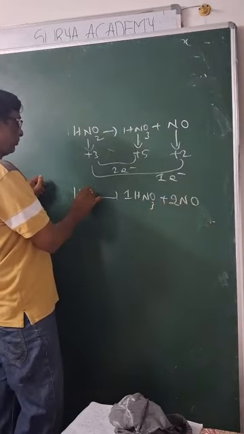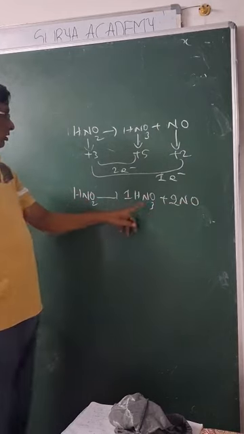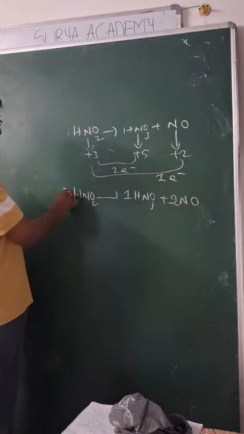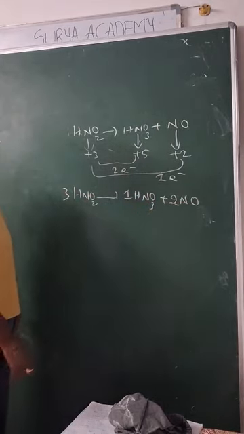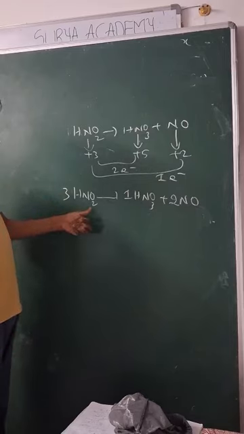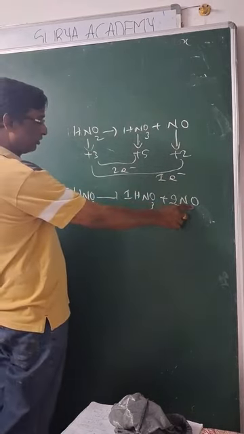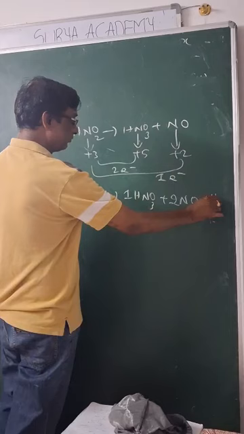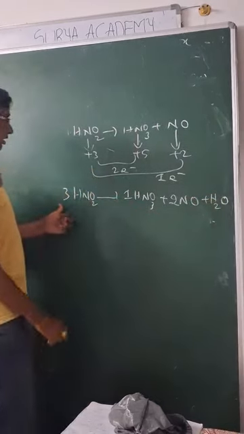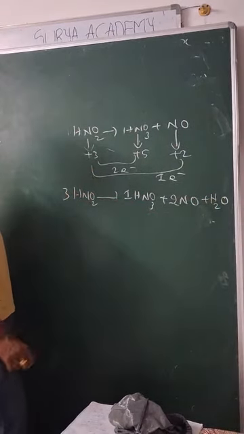Tell me how many nitrogens? 3 nitrogens, 3 HNO2. Balance oxygen: here how many oxygens? Here 6. Here, 3 plus 2, 5. Just add water. Balance hydrogen, it is balanced already.